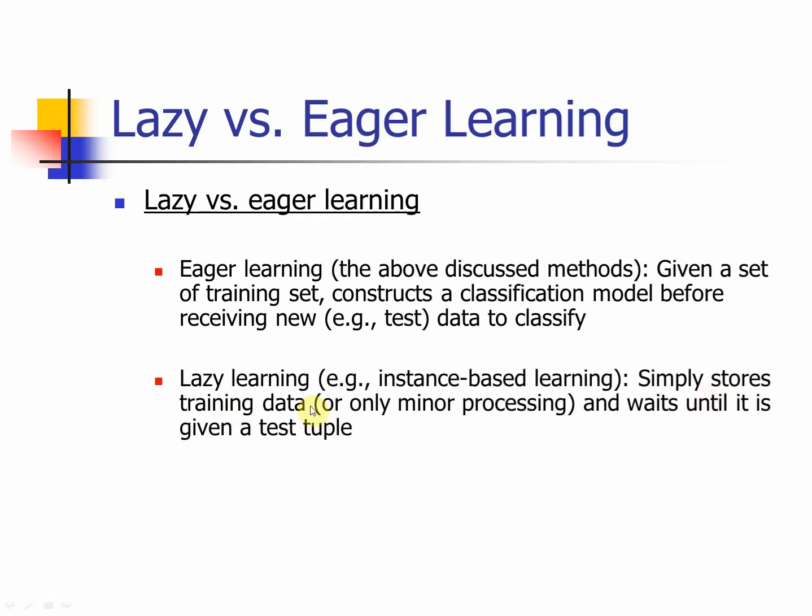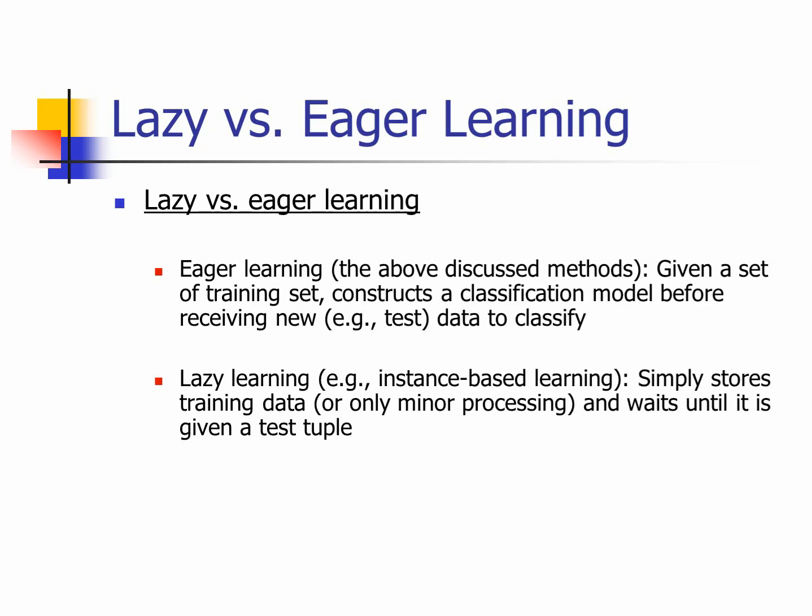They are not going to do anything. They just leave the training data over there and wait until they are given a test sample. So when a testing data set comes in, it then uses the training data set to make the predictions. They don't build a model at all, which is something that we will discuss today.